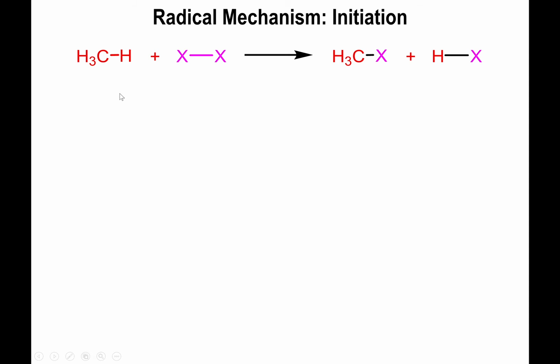And what we're looking for is the substitution of that carbon-hydrogen bond into a carbon-halogen bond, right? So carbon X. And the first thing that is going to happen here in the initiation step is that the weakest bond of the reactants is the one that has to break into the radicals.